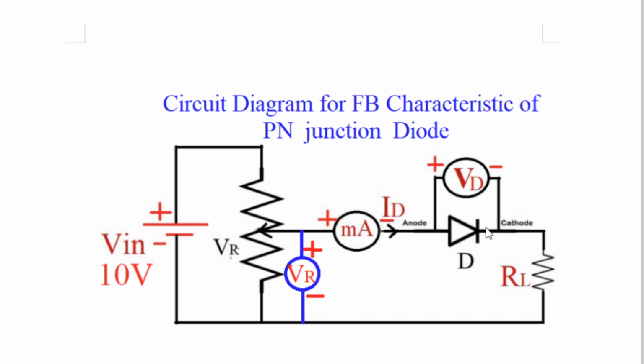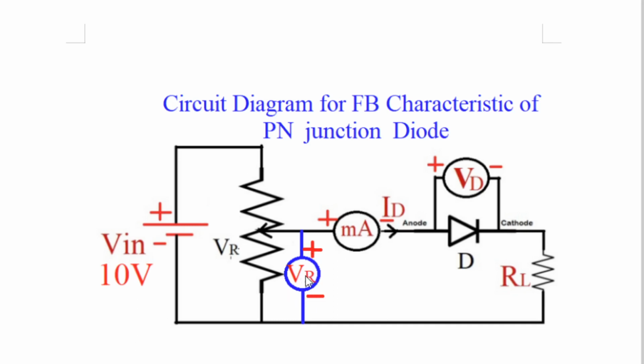Therefore, once the diode starts conducting, the voltage across the diode is always 0.7 volt, and current will start flowing, but the voltage measured across the diode is 0.7 volt only, even though you have applied VR as 1 volt.